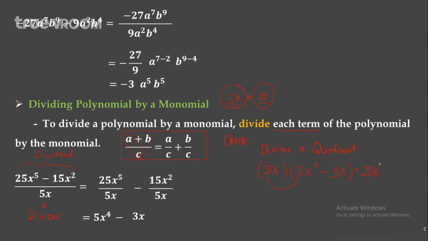Raised to 5. Yes, 5. Multiplication, you add the exponents. Minus 5 times 3 is 15. x times x is x raised to 2. Okay, so as you have noticed, your answer is equal to your dividend. So meaning your answer is correct.